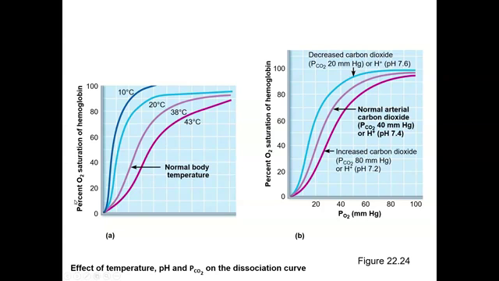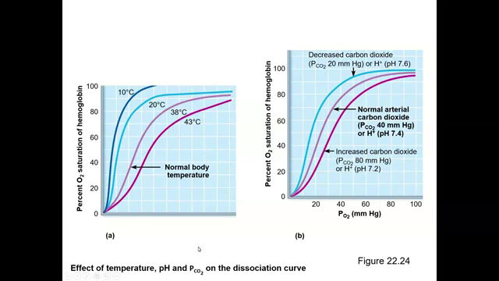You can see this is the percent of saturation that we achieve, and this would be our oxygen concentration. You can see that the hemoglobin picks up oxygen very, very quickly, and we get saturation of 98% very quickly.